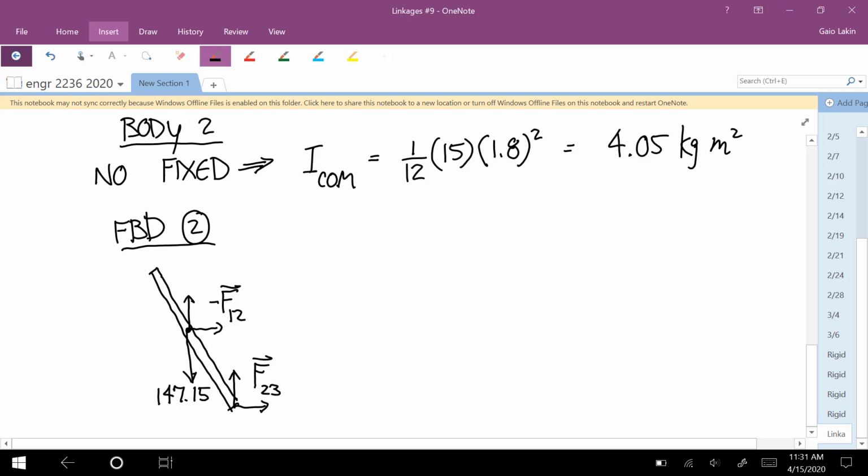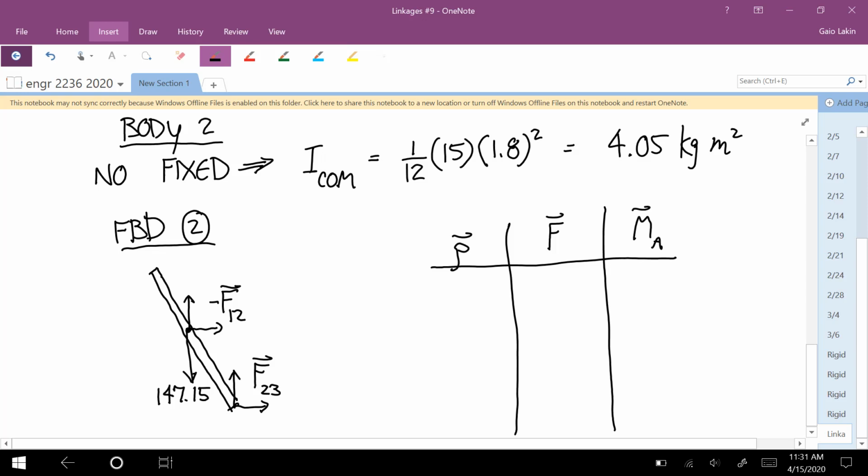And now we can write out the table. Two of these forces happen at the center of mass, so there's no row vector. So the negative F12 row vector is 0.